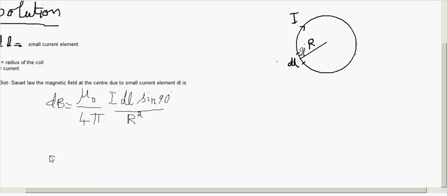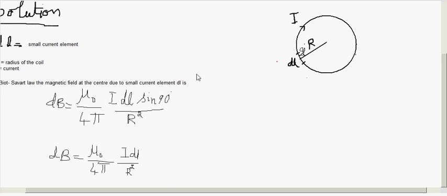Now if you simplify this, you will get dB equal to mu naught by 4 pi, sin 90 is 1, so it is I dl by r square. Therefore the net magnetic field at the center, you can consider small current elements and add them together, or integrate over the circumference.